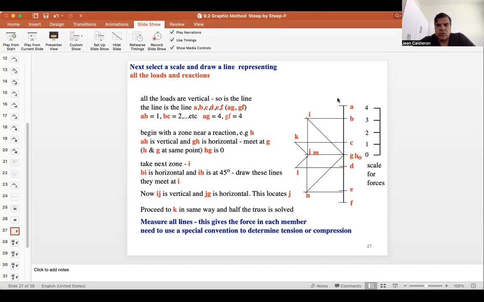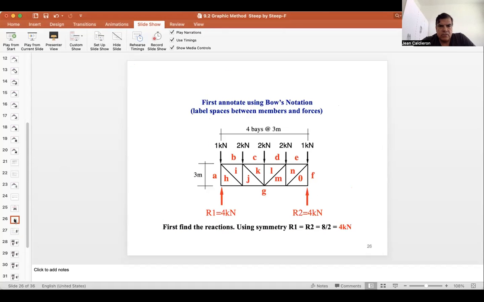And you have the explanation here how to draw the truss. Okay? You need to measure out the lines to make sure that the proportions are adequate. And well, we have a scale here for forces. This is the scale. Well, we have 1, 2, 3, 4 units. It's kilonewtons in this case.